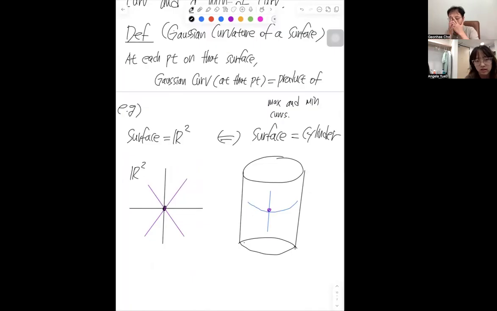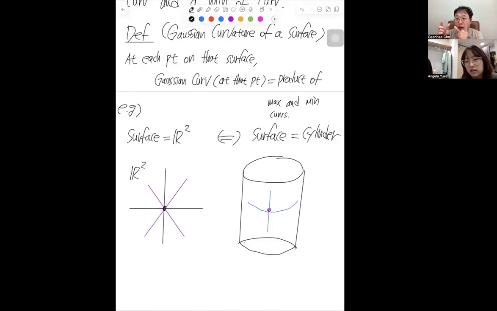If you look at the surface as just a plane, what is the Gaussian curvature? You can make the reasonable guess that Gaussian curvature is zero everywhere because you can always extract straight lines. Does that make sense to you? Whereas if you look at the cylinder, even though there is a curve like this, you are always able to find a straight line like this.